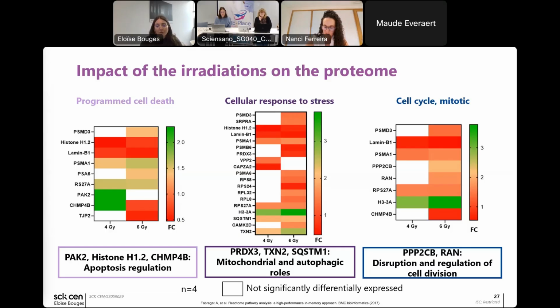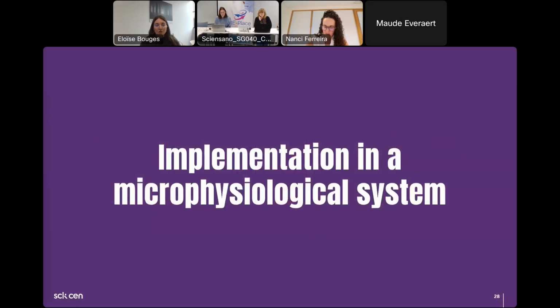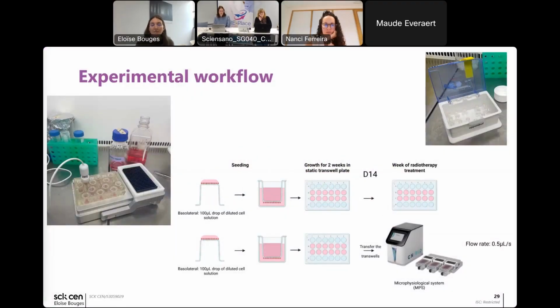And now I will move to the implementation of our model in the microphysiological system. So first, for some idea of the experimental flow. Basically, this is the same process as the monolayer model that I mentioned before. The main difference is that we seeded our monolayers on the other side of the transwell. So we just seed it on this part of the transwell and then switch it back into our well.